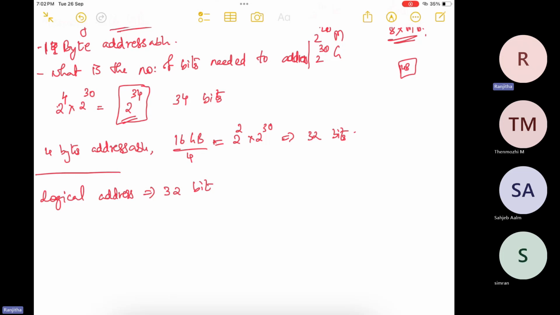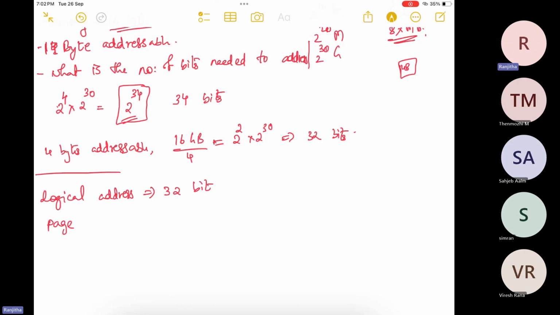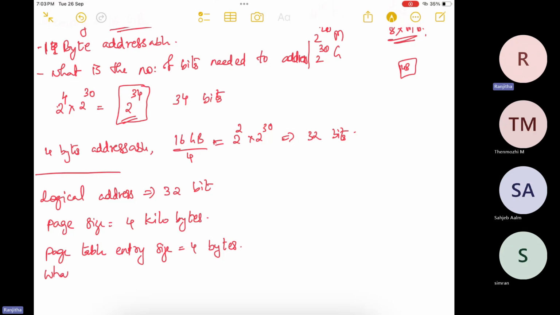So logical address is given as 32 bits and page size is given as 4 kilobytes. Page table entry size: each page table entry size is 4 bytes. Now, what is the size of the page table?